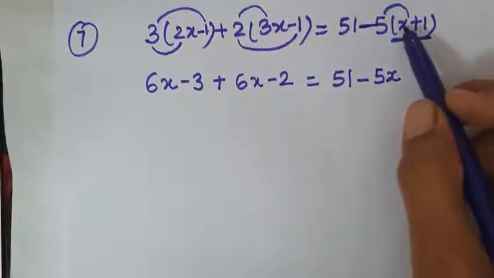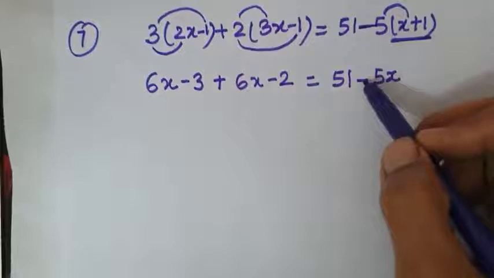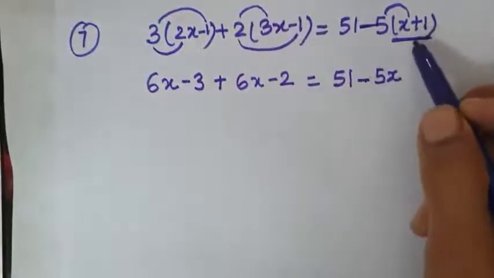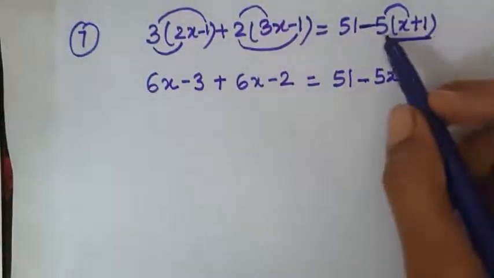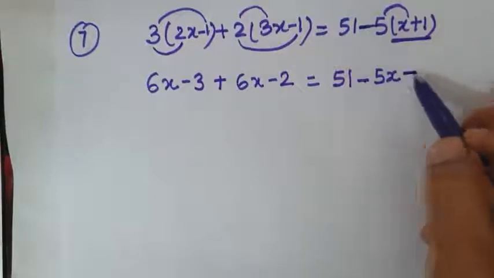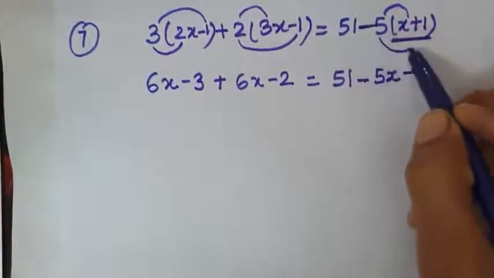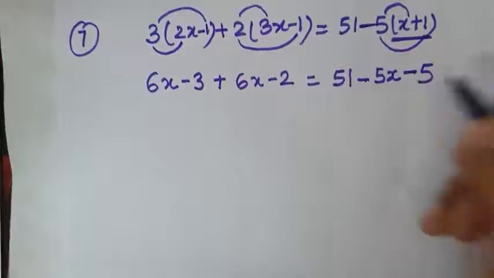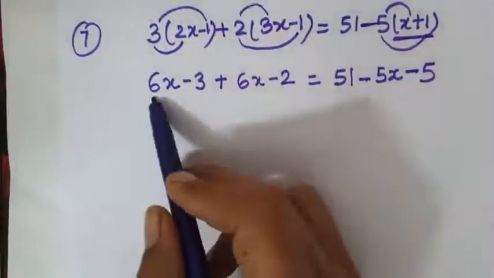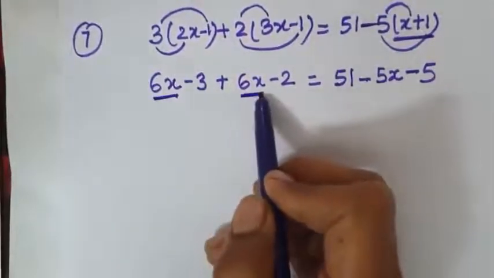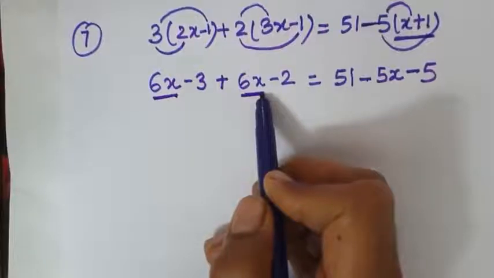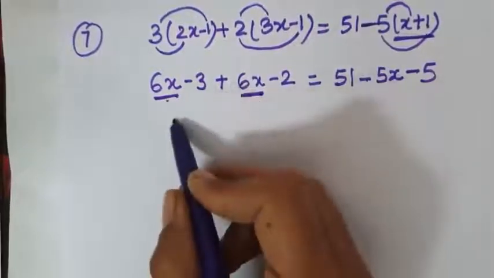So x will change into minus x, plus 1 will change to minus 1. So now plus will change to minus. Now 5 into 1 is 5. Now 6x and this 6x, they are like terms. So on adding we get 12x.